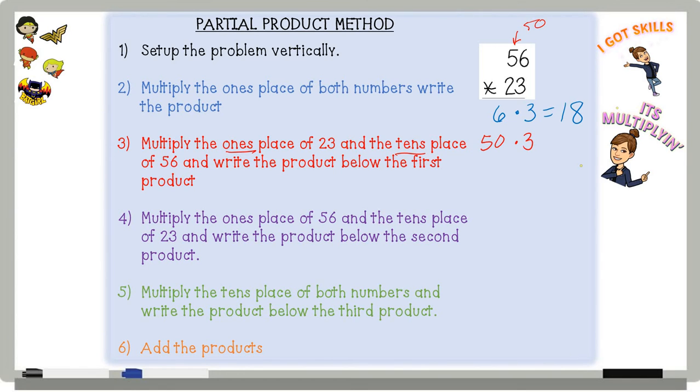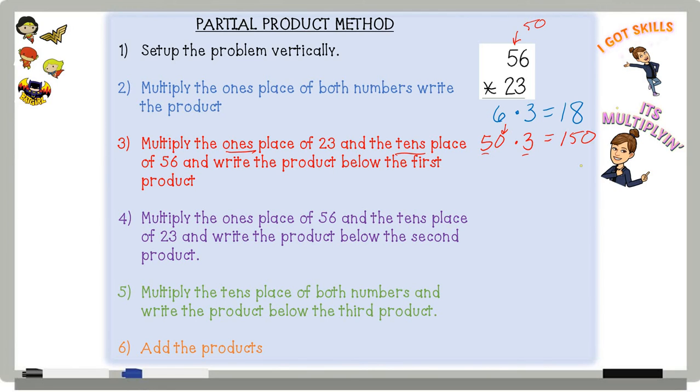So this would be 50 times 3. 5 times 3 is 15. And then you add that extra 0 to the end. This is starting to look a little bit familiar, like, oh, we kind of did that back in the area model, didn't we? Yes, we did.